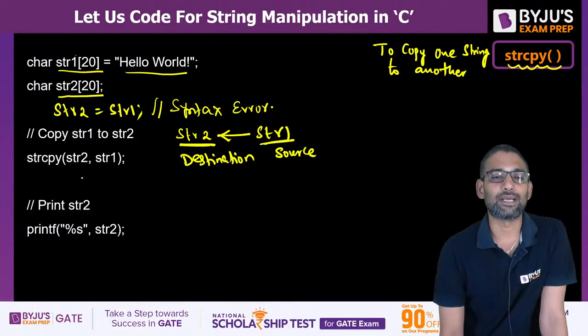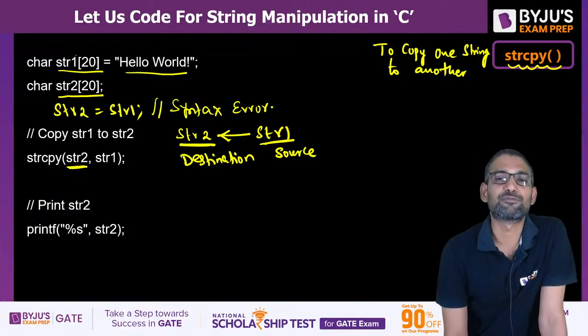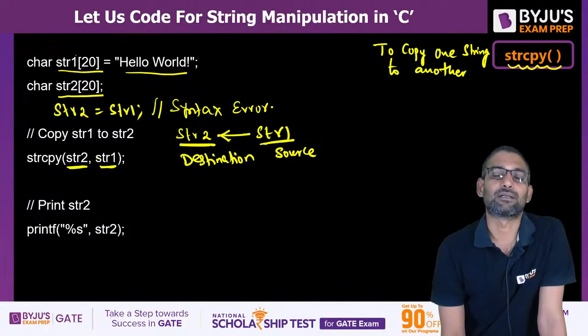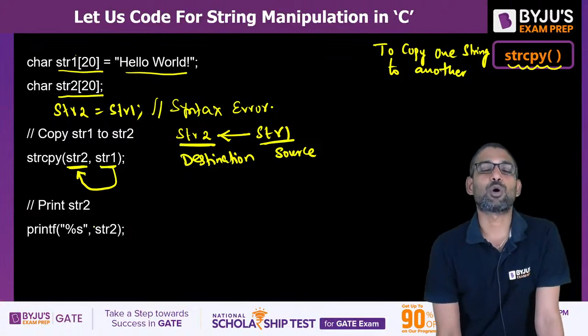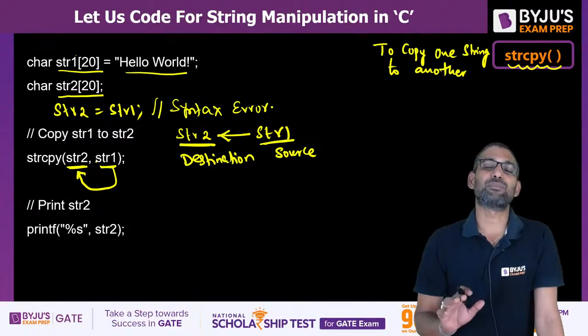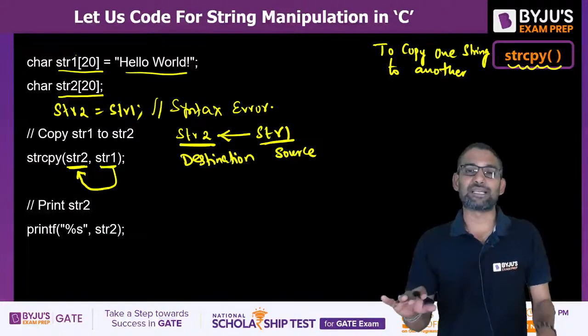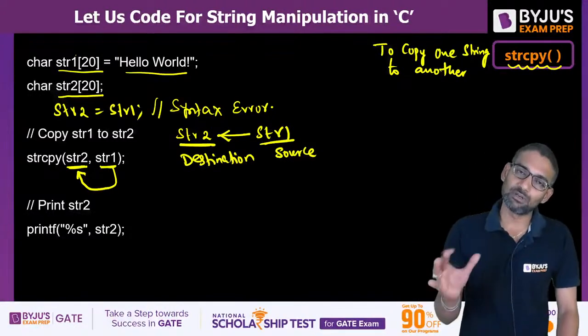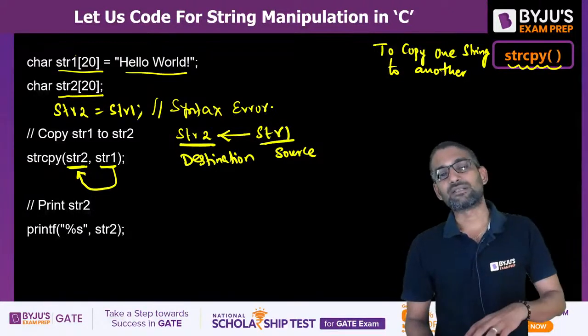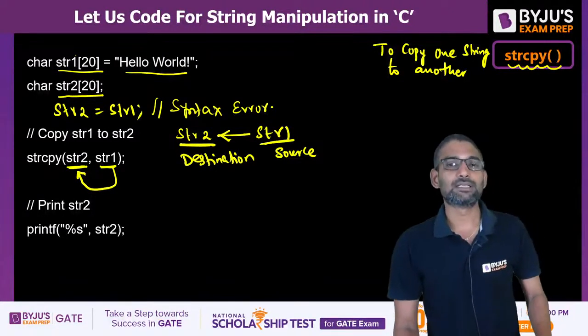We have to write the destination string first, then the source string. So the str1 value will be copied into str2. It doesn't mean str1 is erased. It is copied, means str1 will have the same value, and str2 also will have the same value.